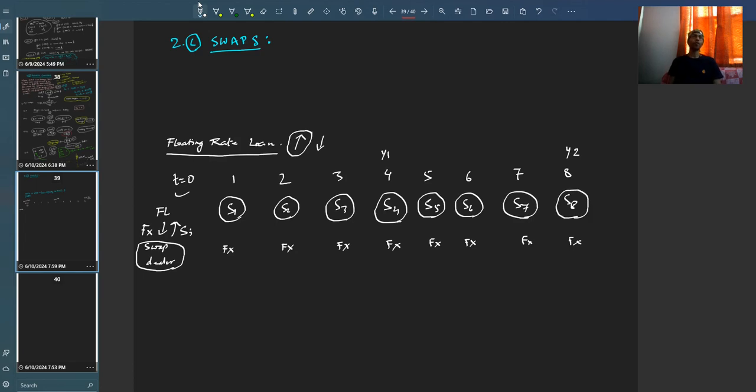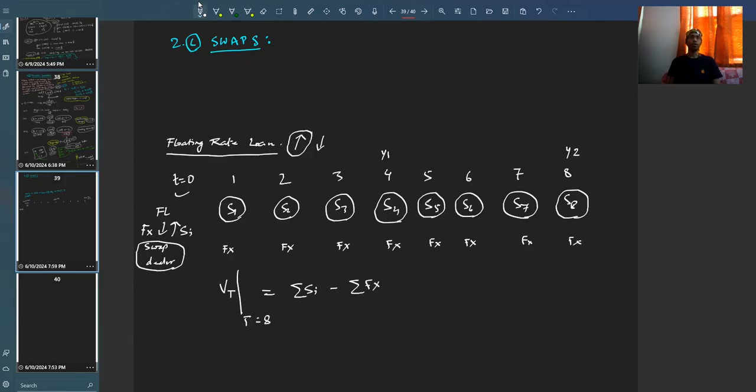Now what is the net value of this swap, friends? The net value of this swap, let's say at maturity, given by capital T, where capital T is equal to 8, is the sum of the variable payments minus the sum of the fixed payments.